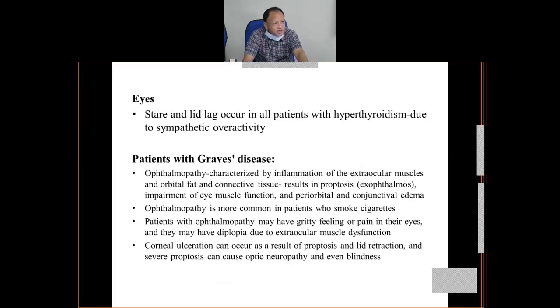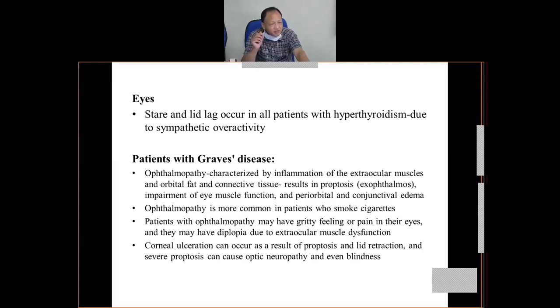The eyes, what are the eye changes that you see? Staring look and lid lag occur in all patients with hyperthyroidism. This is due to sympathetic overactivity. However, the eye change which is specific to Graves' disease, Graves' ophthalmopathy, is characterized by inflammation of the extraocular muscles and orbital fat and connective tissues.